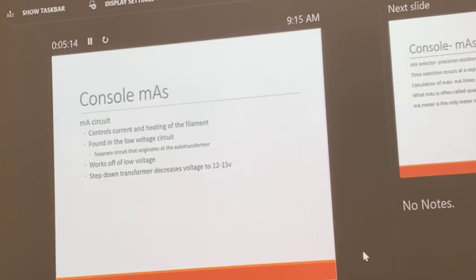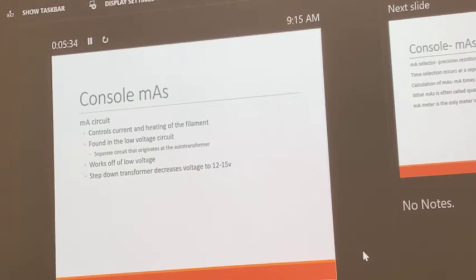So at the console, we control mA. So remember, we've got parallel circuits. We've got our high voltage section, and then we've got our low voltage section. And really, we could break it down into three: low voltage, high voltage, and filament, right?